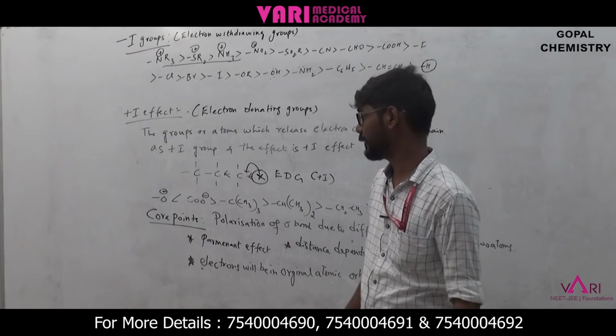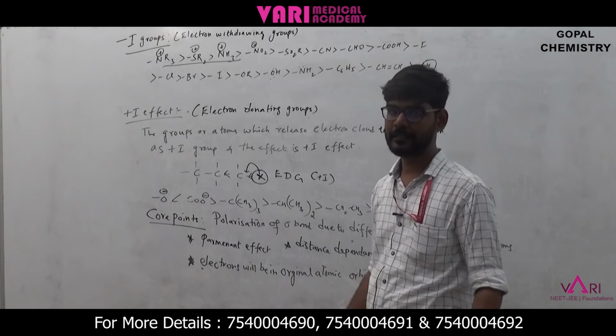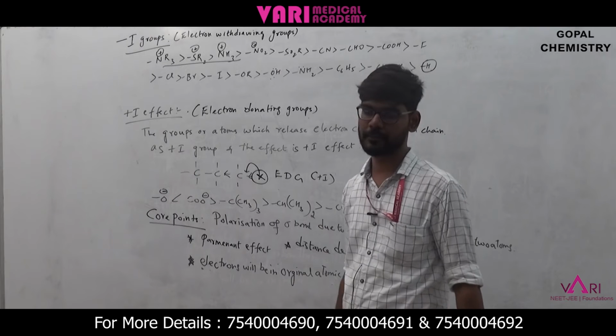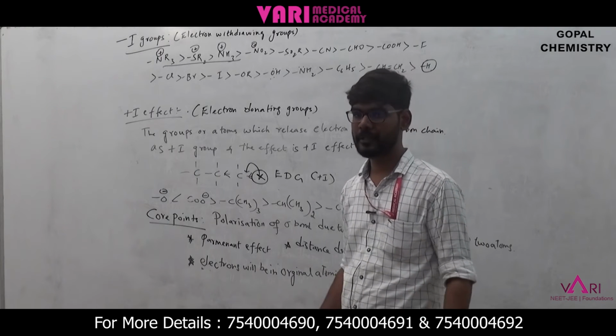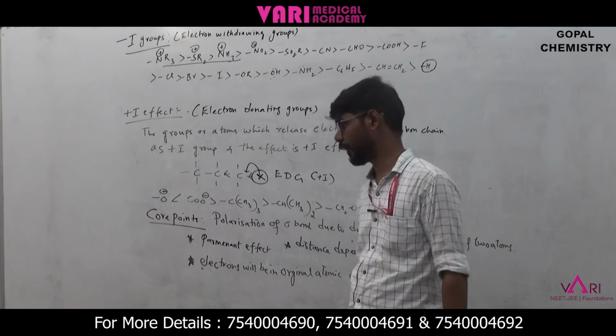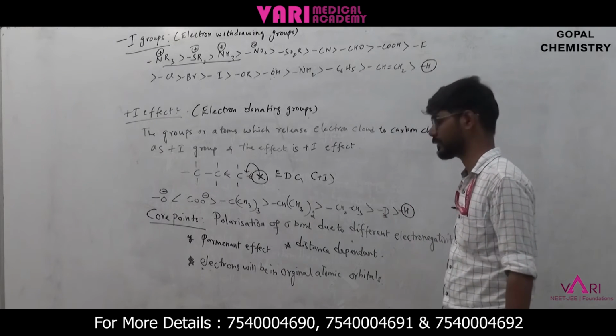So this dipole formation is known as the inductive effect. By means of electronegativity differences, the inductive effect is established by means of the dipole created. So the polarization of sigma bond is taking place due to differences in electronegativity.